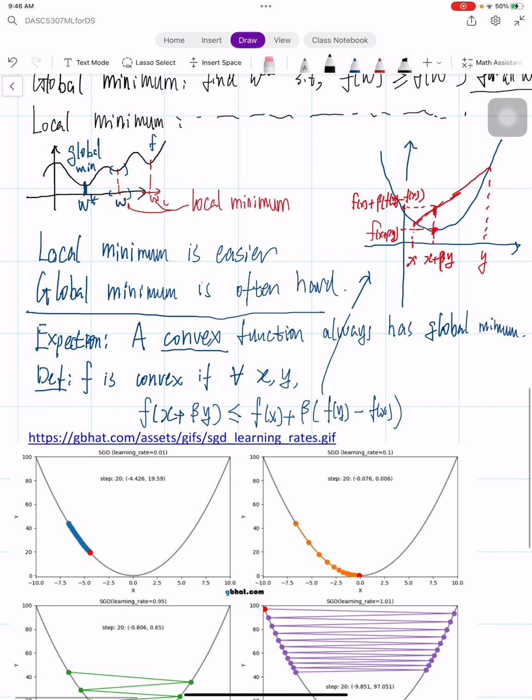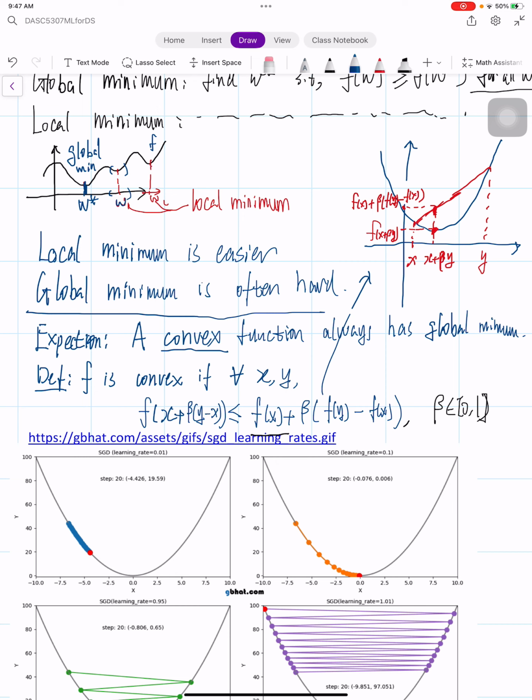Wait, this beta should be between 0 and 1. Sorry, the formula is a little bit wrong here. This is x plus beta times y minus x. If you pick beta equal to 0, we don't have this term, we get x.